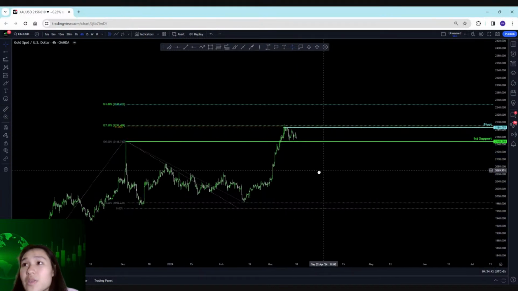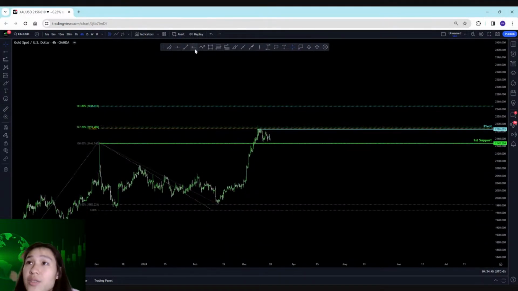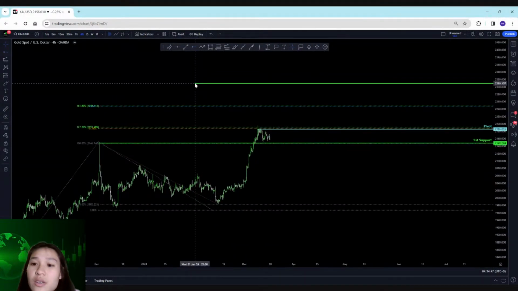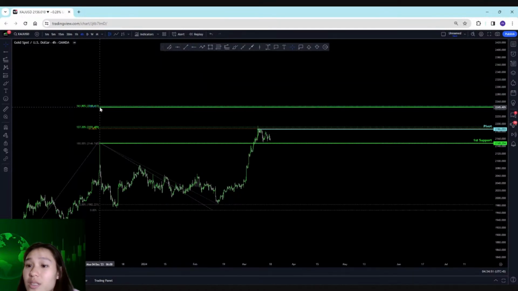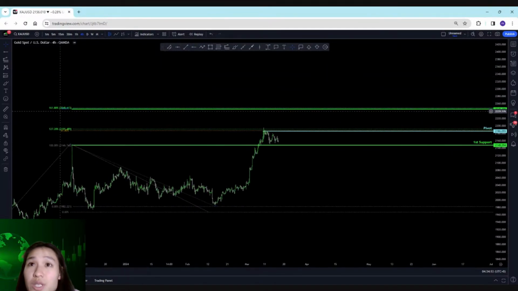Okay, yeah. So this is why I have decided to place my first resistance over here instead, at this level, the 161.8 level.